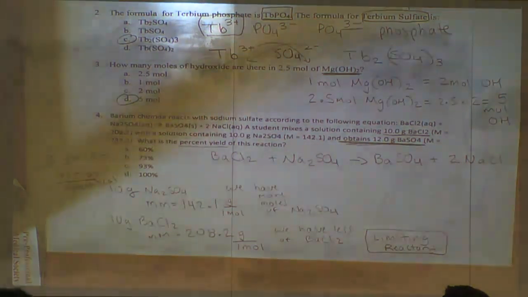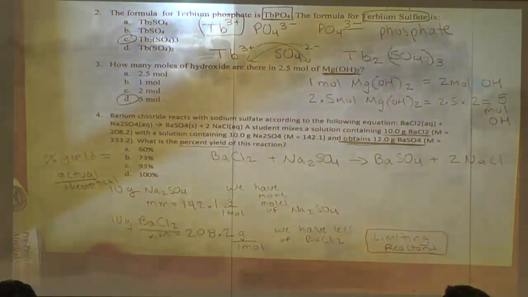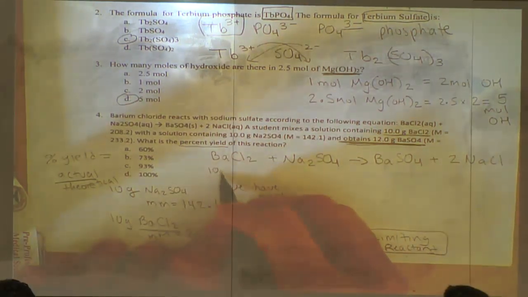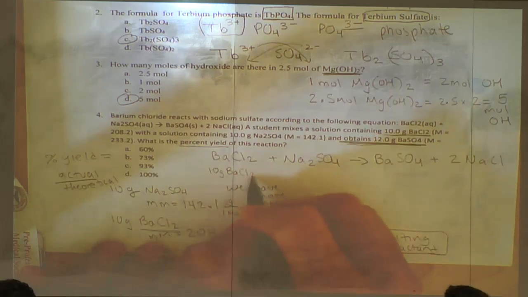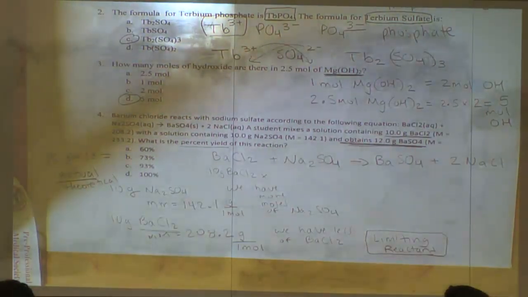If we're doing math instead of actually doing an experiment, we can only find the theoretical amounts. So to find theoretical, we know we start with how many grams of BaCl2? 10. So we have 10 grams BaCl2, and we have to go from grams of BaCl2 to grams of what? Awesome.